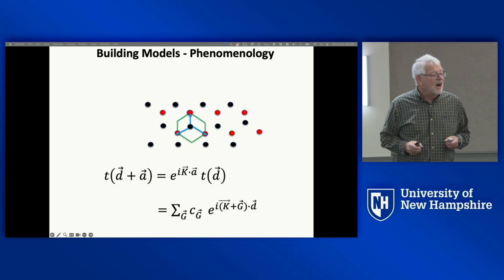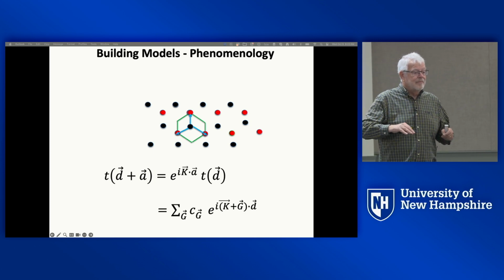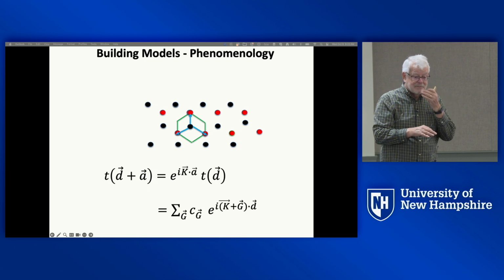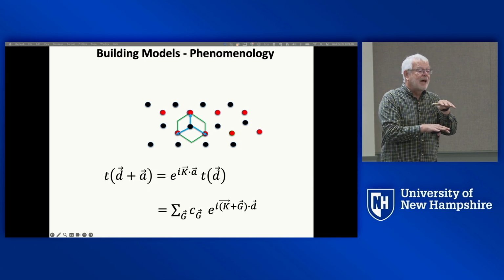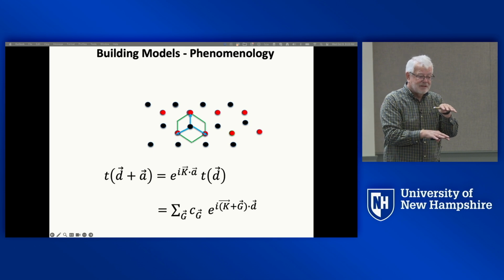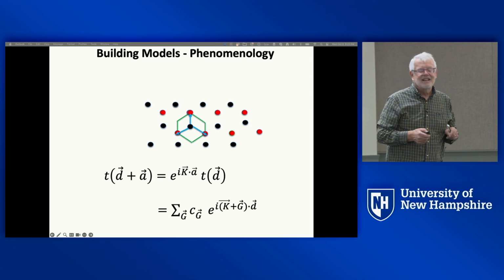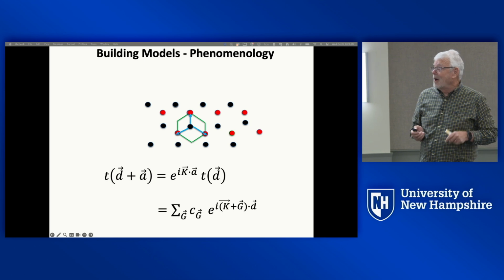In these Moiré systems, or these two-dimensional van der Waals materials, the layers are always further apart than the lattice constant within the layer, because there's weak chemical bonding between layers, and mainly van der Waals bonding.